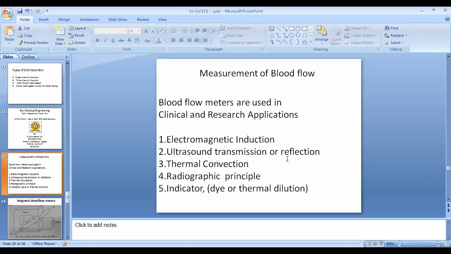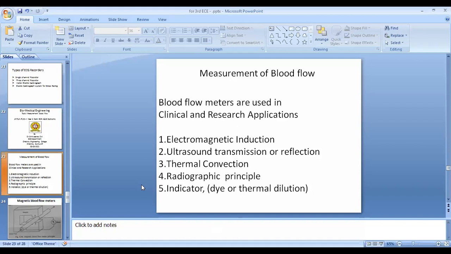First of all, what is the necessity of measuring the blood flow? What is the need of measuring the blood flow rate? Actually the blood is transferred to the entire human body through blood vessels, so it reflects the healthiness of the human body.